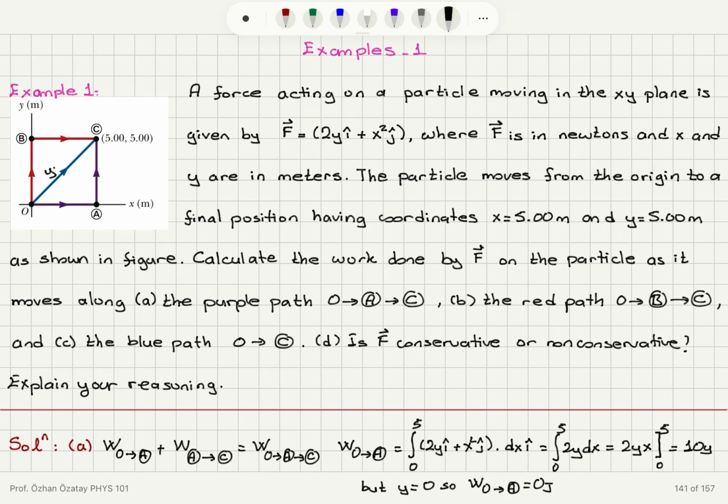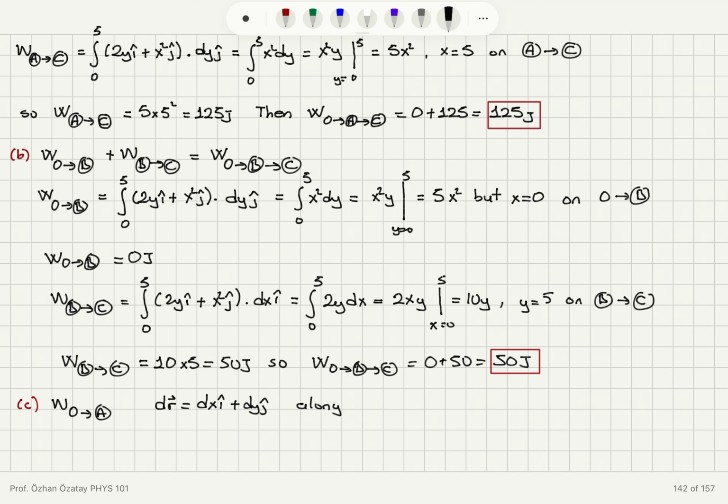Therefore, this is the line y equals x. So x equals y implies dx equals dy. So my dr vector is dx i hat plus dx j hat. So that's one way to write it.